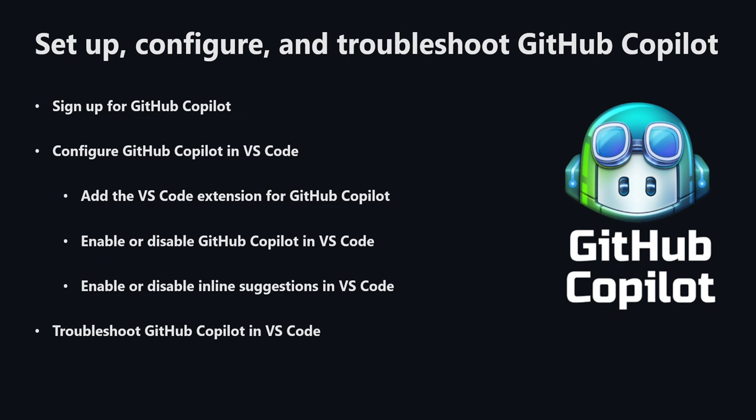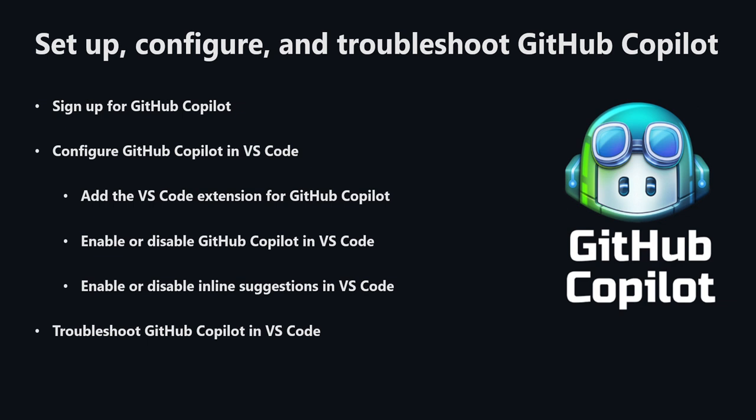Now, let's move ahead to learn the key things on how to set up, configure, and troubleshoot GitHub Copilot. To get started with Copilot, follow these steps. Number one, sign up for GitHub Copilot at the link, which I will mention in the description.